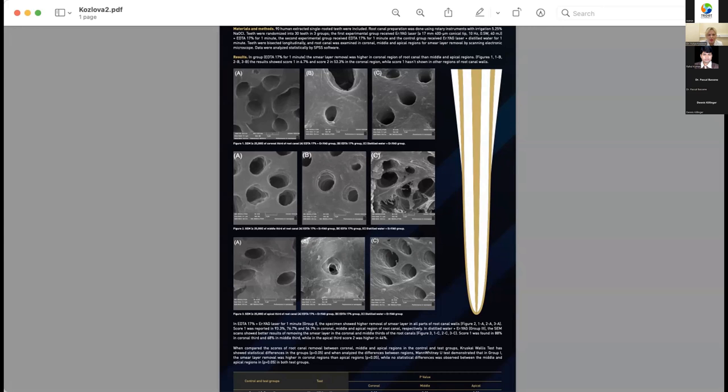The same scans at higher magnification, 100,000, in the coronal, middle and apical regions showed the efficiency of erbium YAG in removing the smear layer, score 1, and opening the dentinal tubules without any thermal effects.